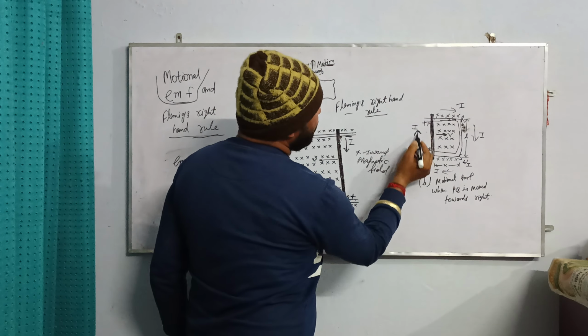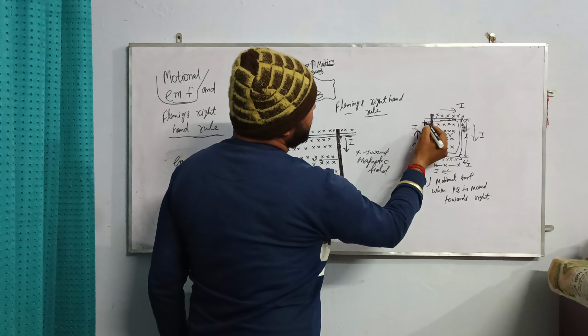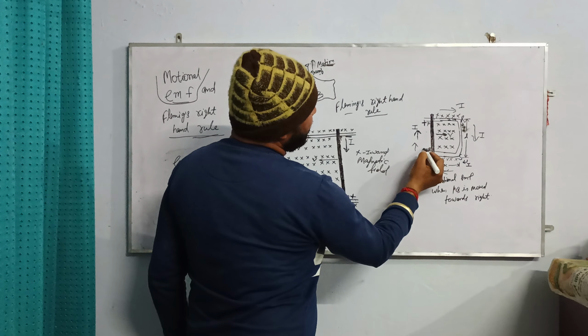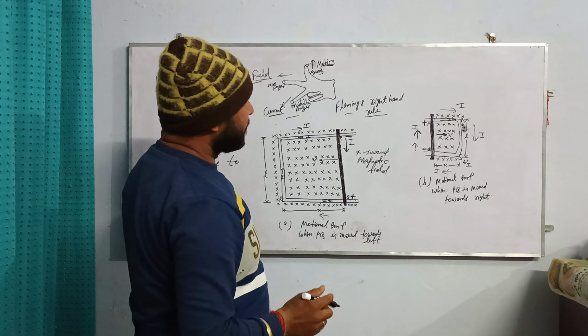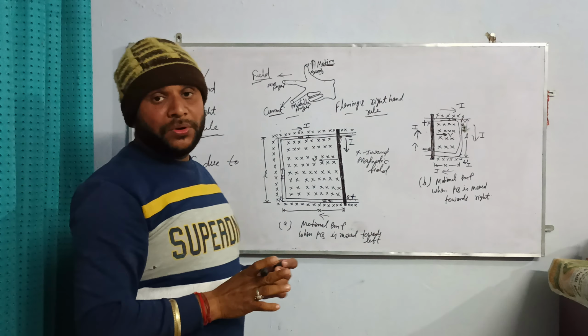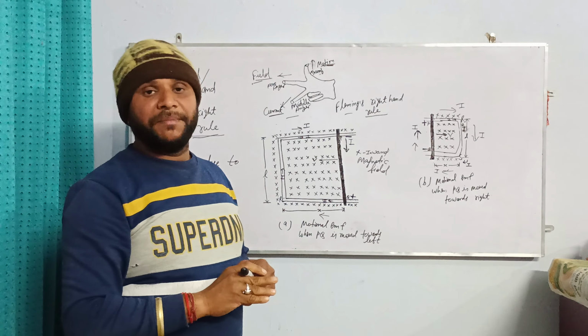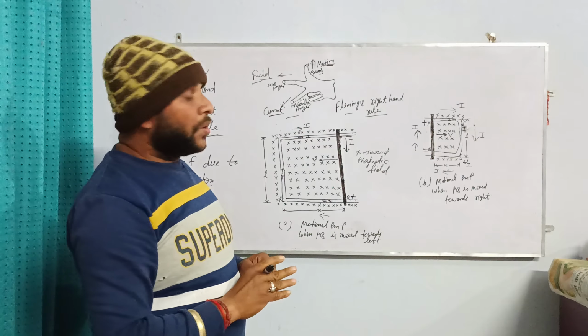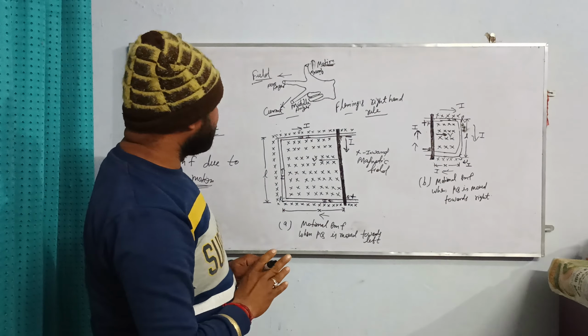If current flows towards this side, then P is the positive terminal and Q is the negative terminal. Okay students, so according to Fleming's right hand rule, we can decide the direction of motional EMF or motional current.